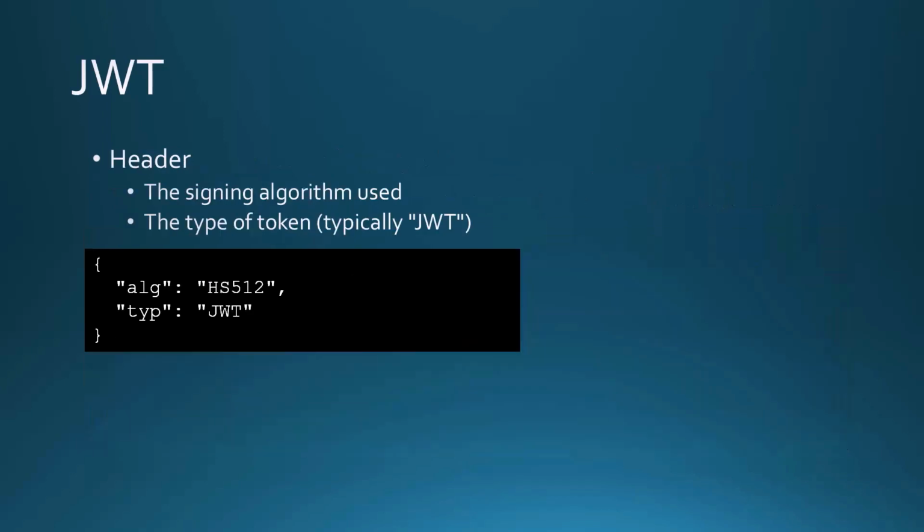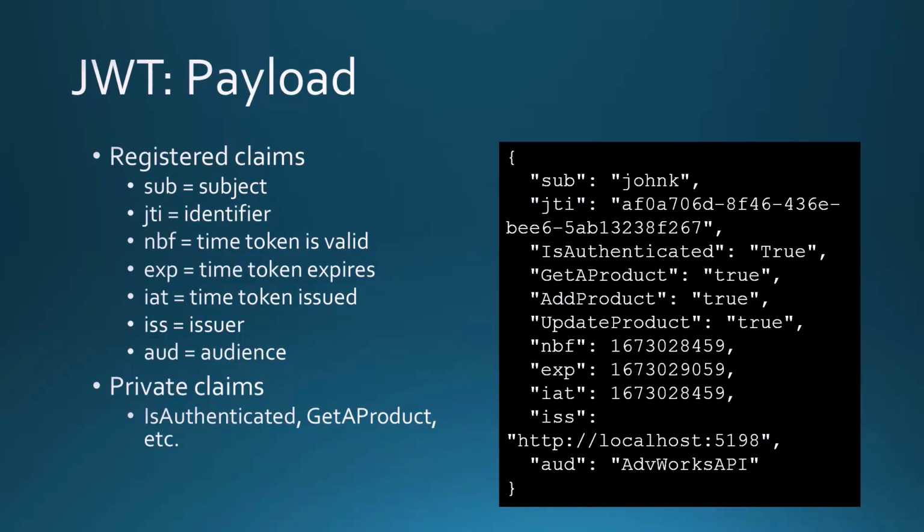Okay, so the header. The header is the signing algorithm that is used. It contains the type of token, typically JWT, and then the algorithm itself, which in this case is a hashing algorithm, 512. The payload is really all the claims that you're putting in. Some are part of JWT, and then there are ones that we can add on ourselves.